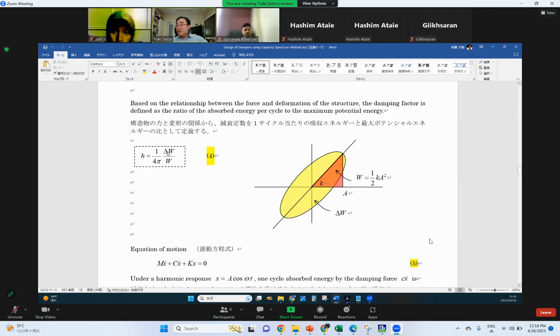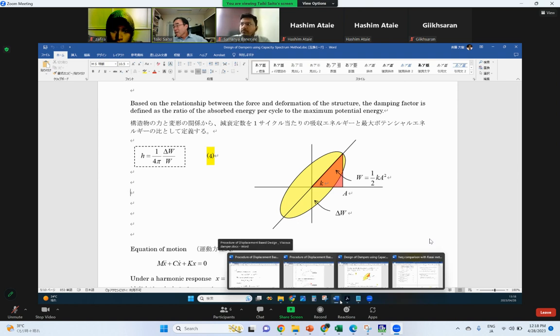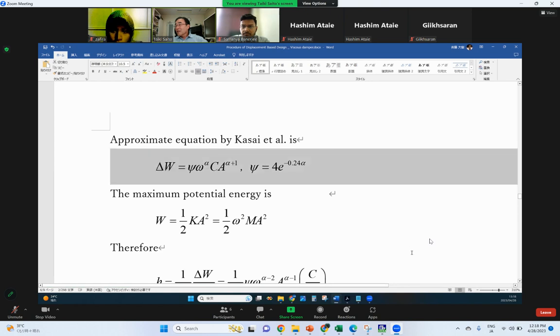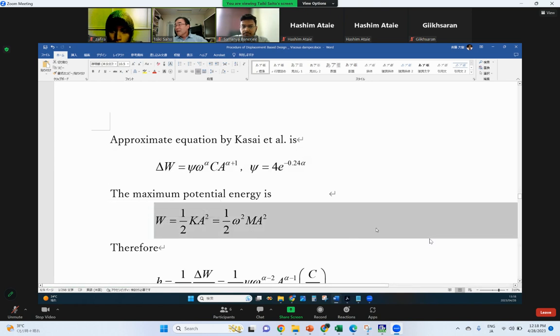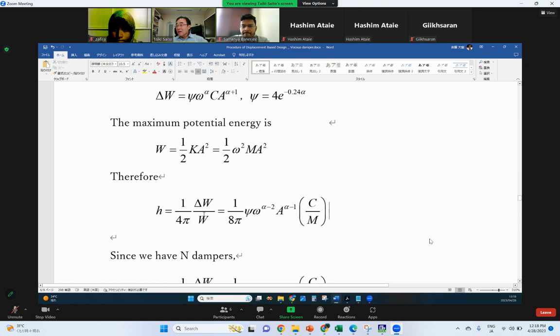If you divide one cycle energy, delta omega W, by potential energy W, and also divide by 4 pi, this is the definition of equivalent damping. Now we have succeeded in calculating one cycle energy by which formula? This one. One cycle energy, and the potential energy here. So you can get the damping of the viscous damper by this formula.